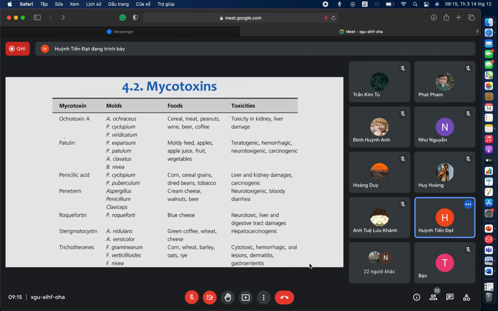Among the pathogens regulated by the Ministry of Health, there is another effect: teratogenic. Do you know what teratogenic means? If you already learned food toxicology, you can easily identify this.